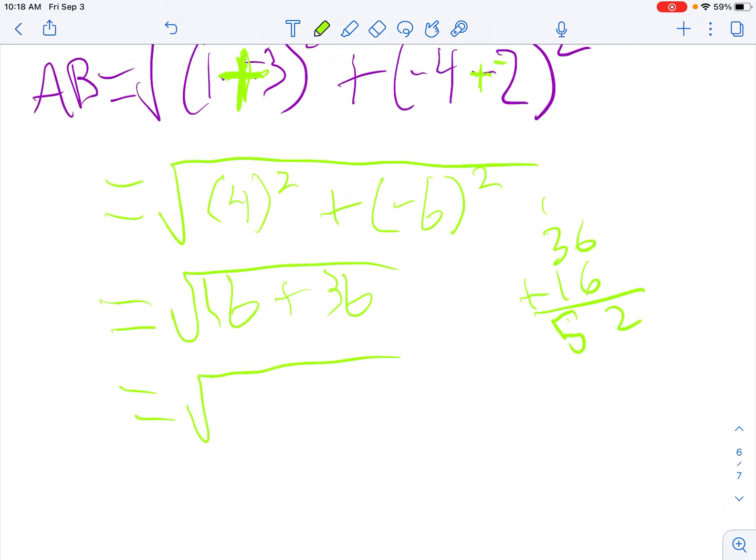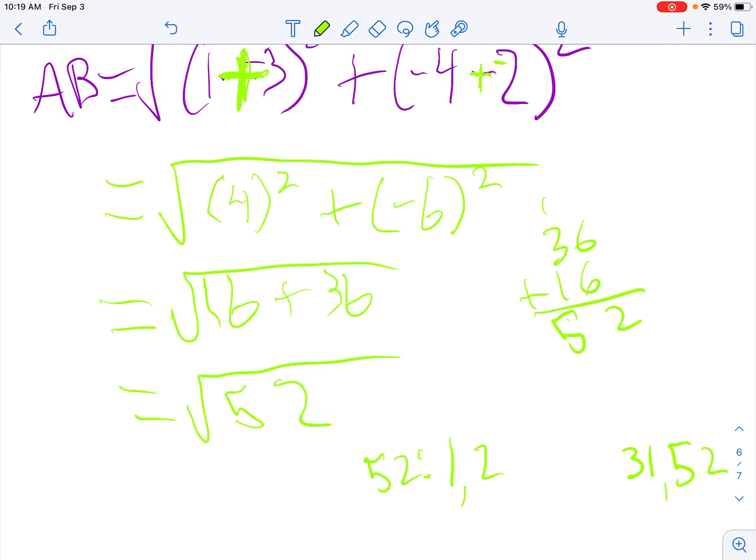So it equals the square root of 52. And now I have to think about what numbers I can multiply to get 52. We always know that we have 1 times 52, that's always a good starting point. It's an even number, so 2 times 26. Does 3 go into it?